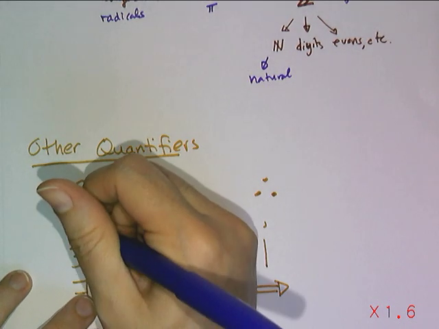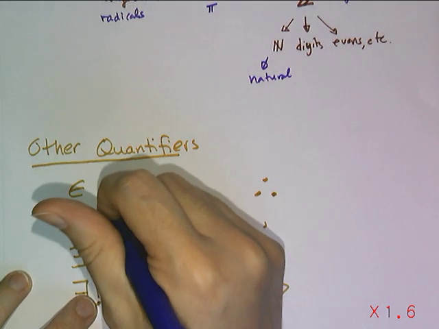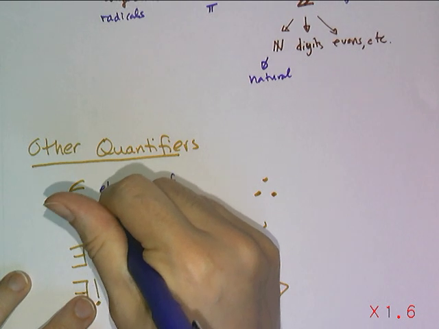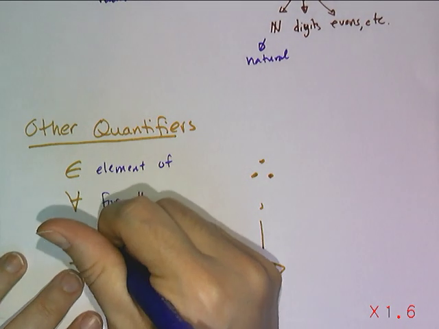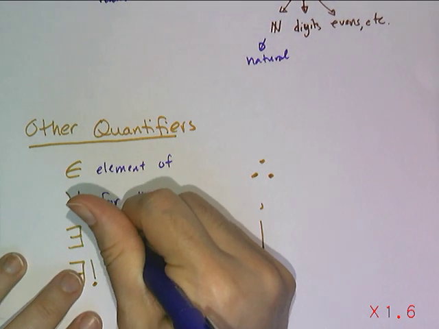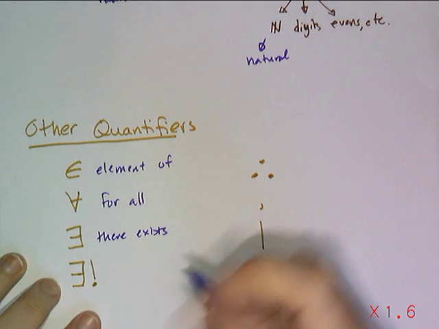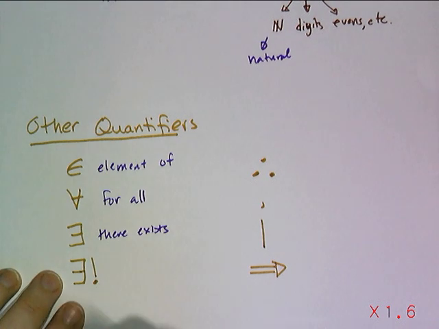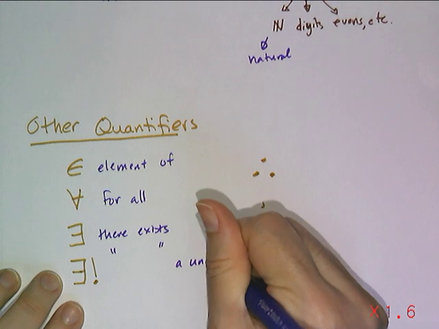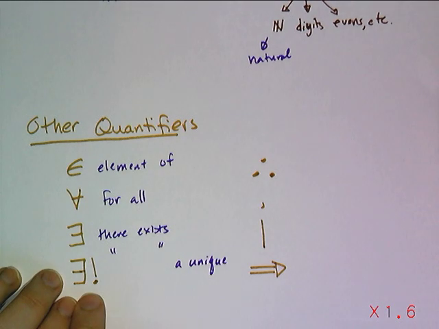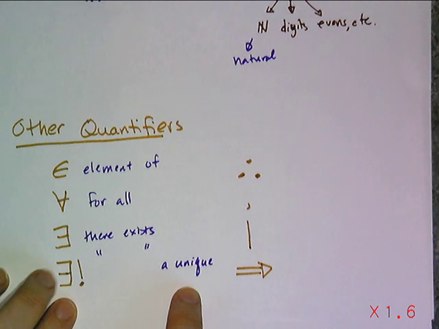This upside down capital A stands for all. This backward capital E stands for there exists. Now, if I add an exclamation point, it's there exists a unique. So in quantifier language, that's not factorial or a really loud there exists. It stands for a unique.